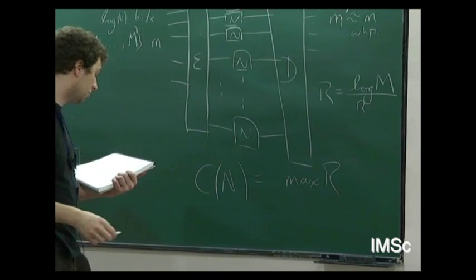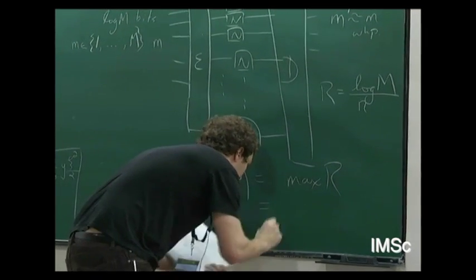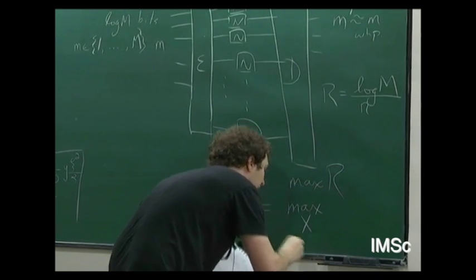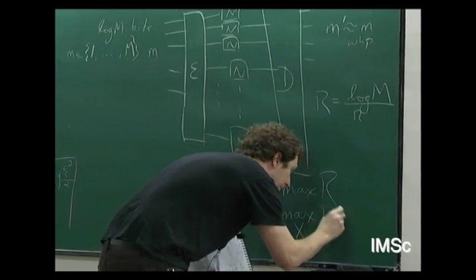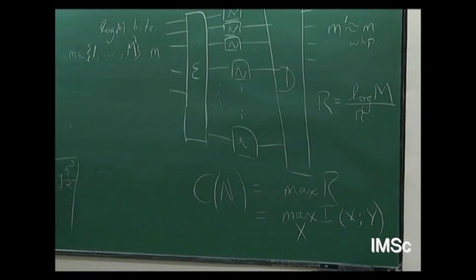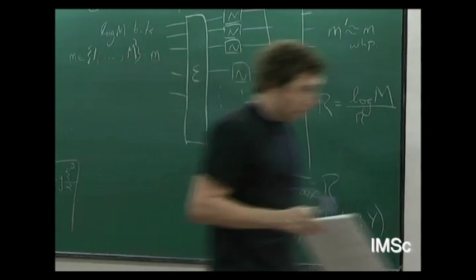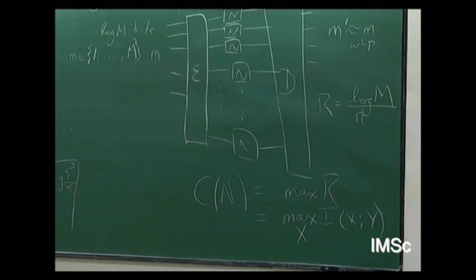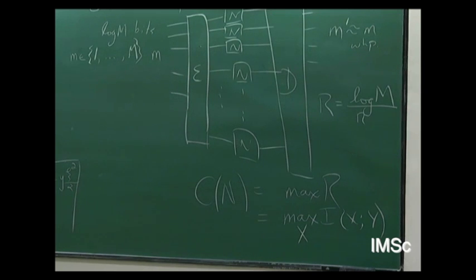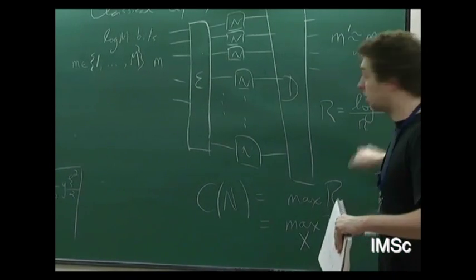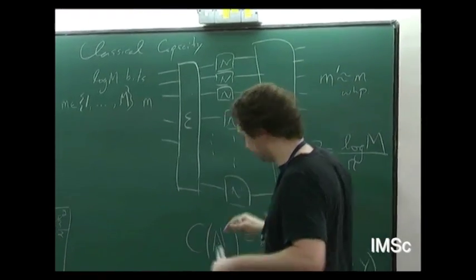And you remember, for a classical channel, we had this nice formula for the capacity. It was just the maximum over distributions on an input x of the mutual information between x and the output y. Yes? Rate is log M by n. Oh yeah, so there are n channel uses here.